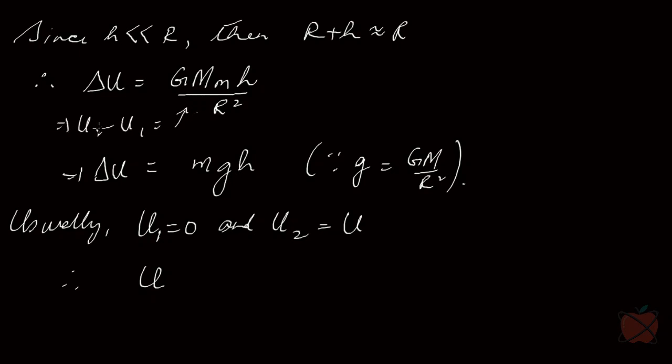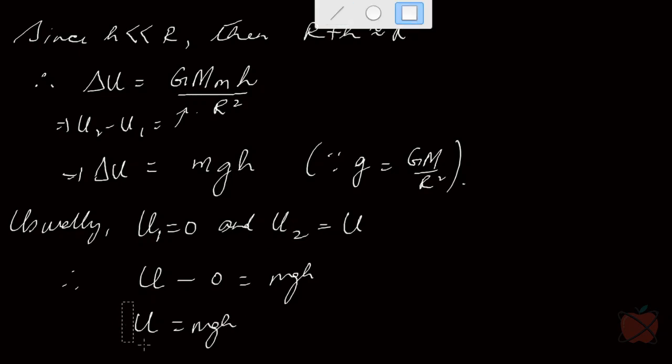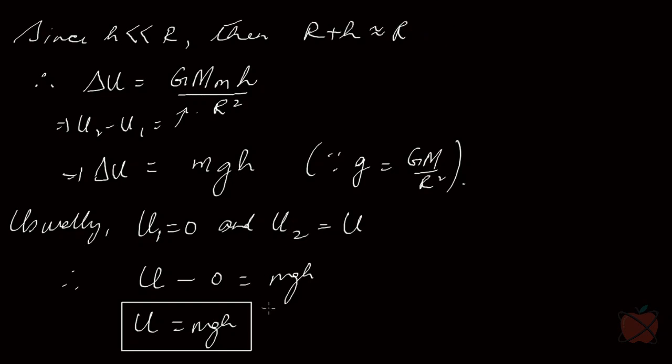So instead of U2 I will write U, instead of U1 I will write 0, equal to mgh. So you have U equal to mgh. This is the expression for the gravitational potential energy. It is very clear that as h increases, gravitational potential energy also increases.